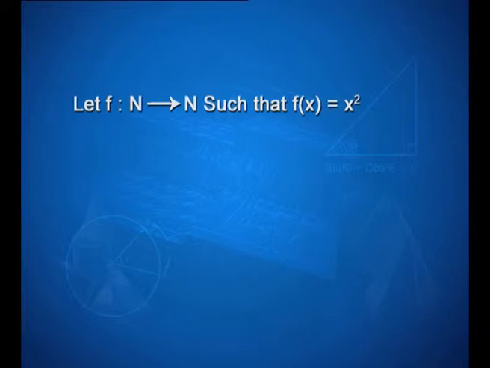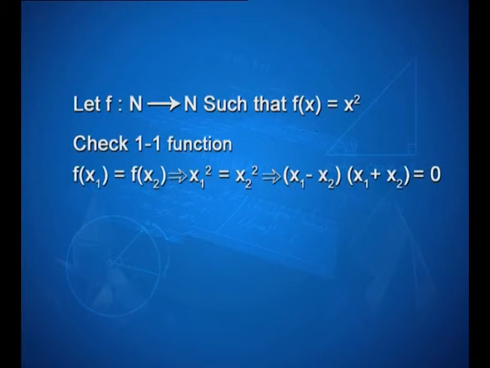Let f be a function from the set of natural numbers to natural numbers such that f(x) is defined as f(x) = x². For 1-1 function, let f(x1) = f(x2). This implies x1² = x2². This implies x1² − x2² = 0.